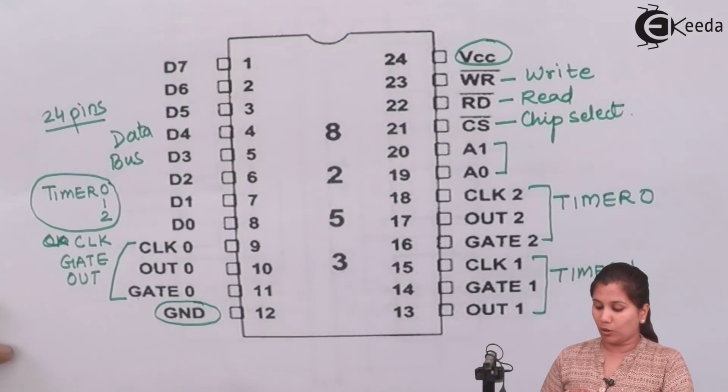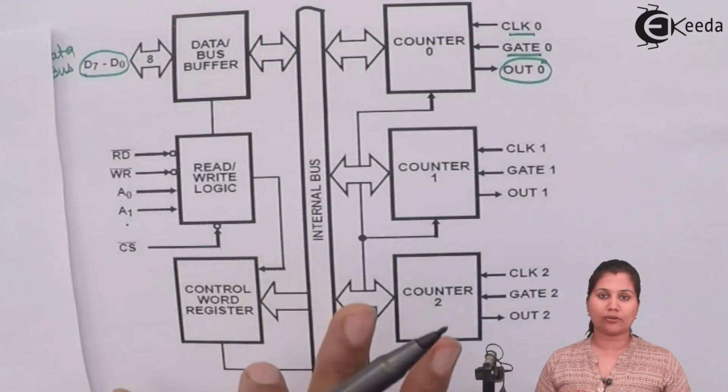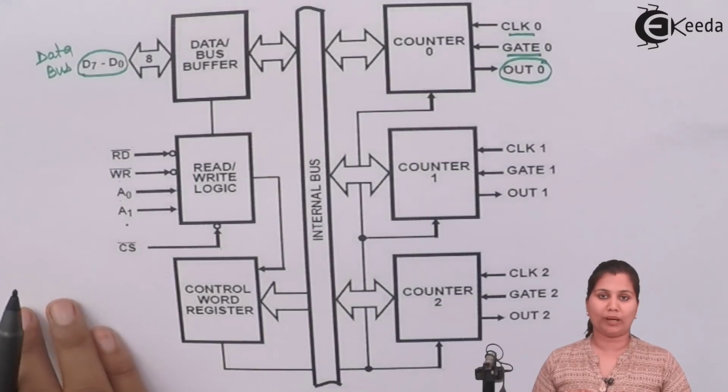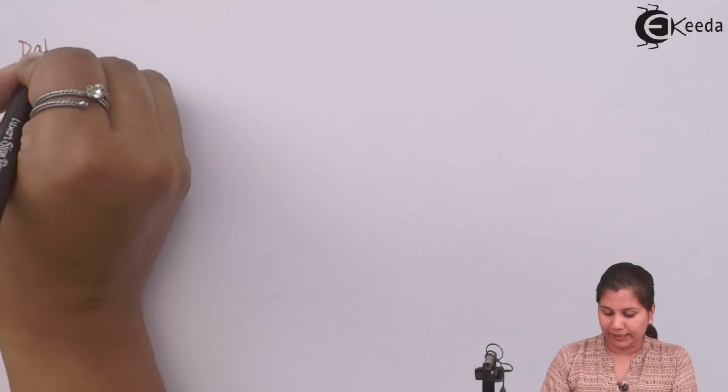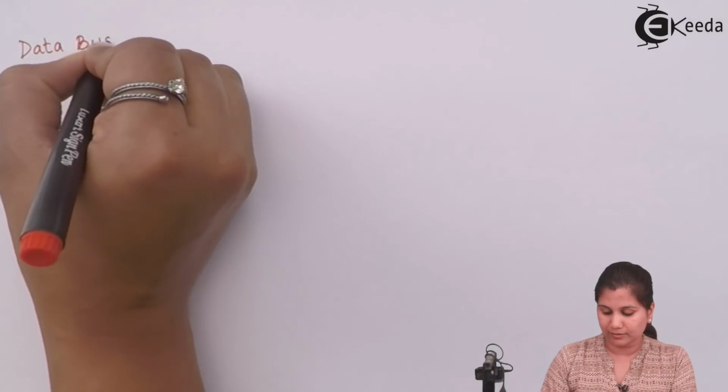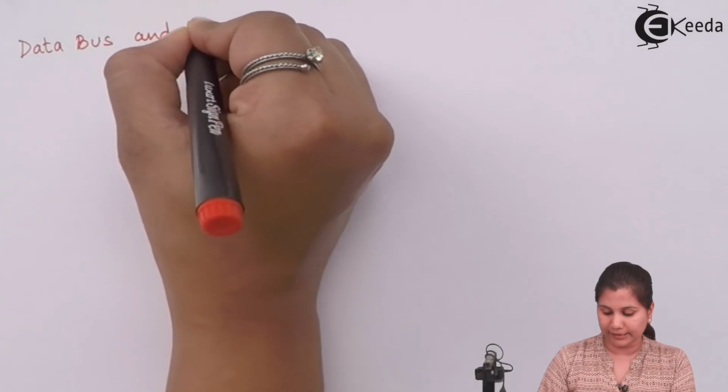Now let us study all the pins and all the blocks of the IC one by one. First, we will start with the data bus buffer and the 8-bit bidirectional data bus.